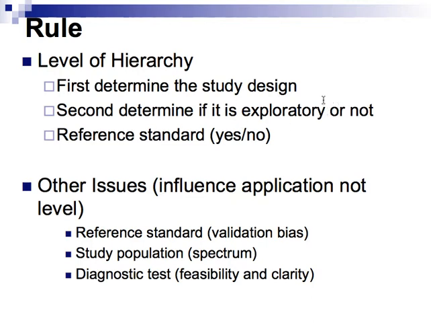So the best situation is where you have a prospective cohort that's validating a known value that likely succeeded previously in either a case control study or an exploratory prospective cohort study, and then it's being validated.